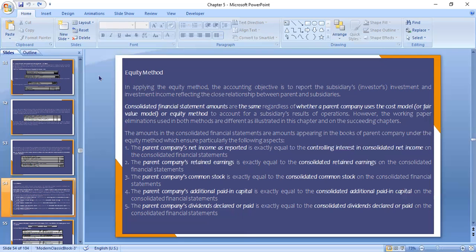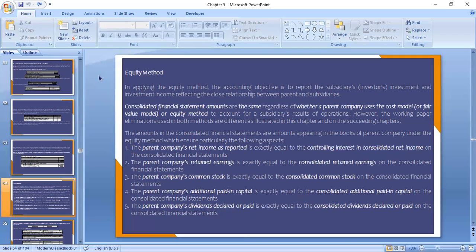The parent company's common stock is exactly equal to the consolidated common stock, the additional paid-in capital is exactly equal to the consolidated additional paid-in capital, and the parent company's dividends declared or paid is exactly equal to the consolidated dividends declared or paid on the consolidated financial statements.